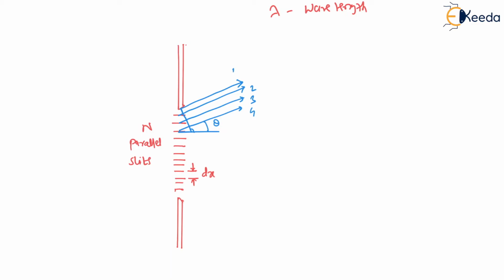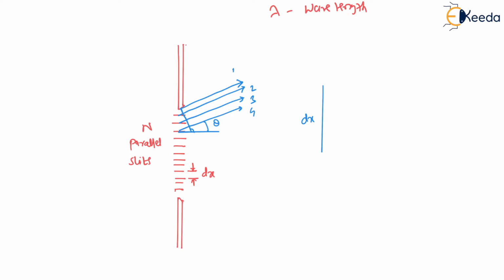So now see, again I will draw another diagram here just to find out the path difference between the first and second ray. Suppose this one is the slit of width dx, that is a small slit. And again here we will draw two secondary wavelets like this.